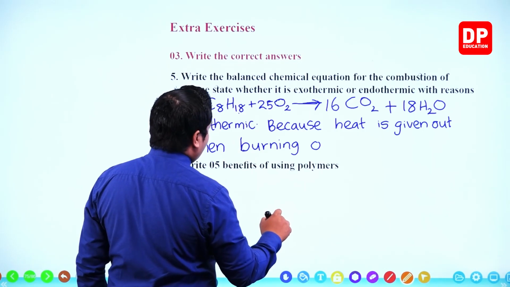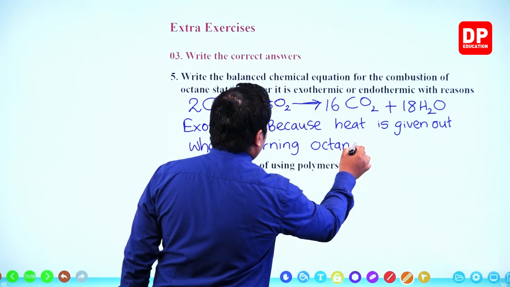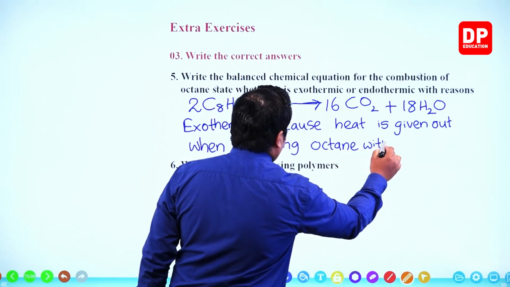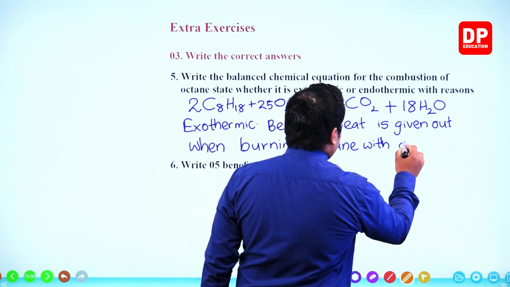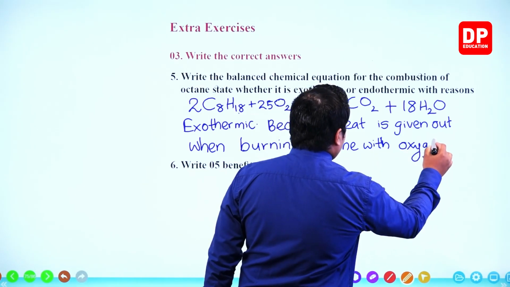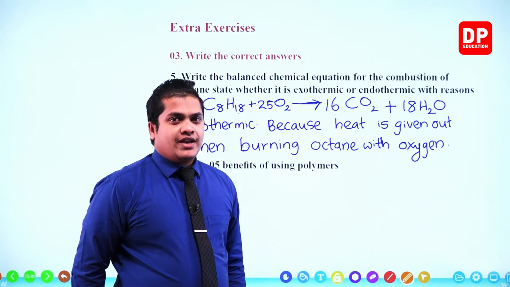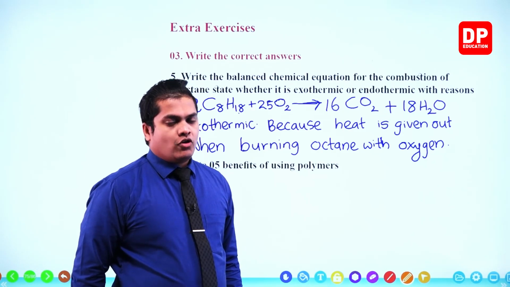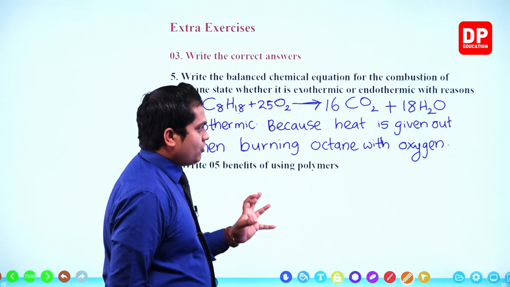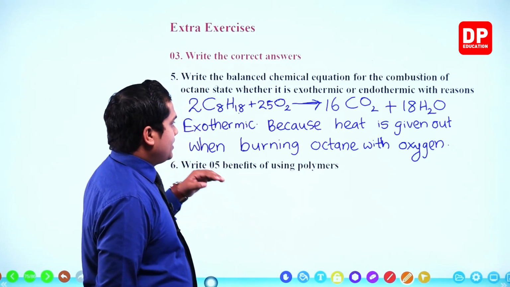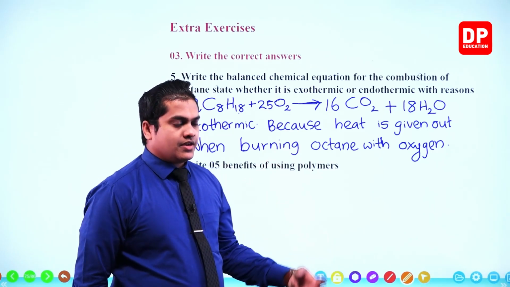So when burning octane with oxygen. You know that for the reaction between each and every combustion, oxygen is important. So during the reaction between octane with oxygen, what will happen? Heat energy is released to the environment. So therefore, this is exothermic.